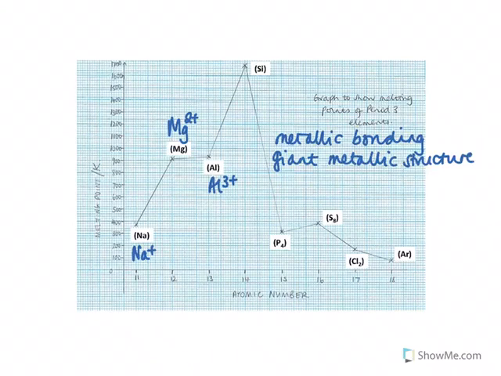That way exceeds A-level requirements, but by all means go and have a read of that if you're interested in that. So for these 3 elements, metallic bonding with giant metallic structure, the strength of the electrostatic forces of attraction between the ions and the delocalized electrons is what dictates that melting point.